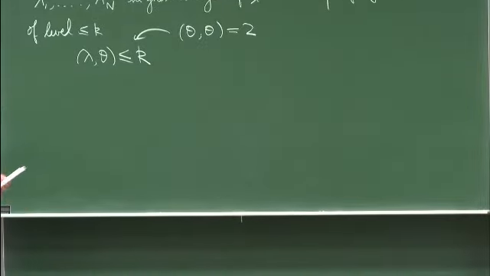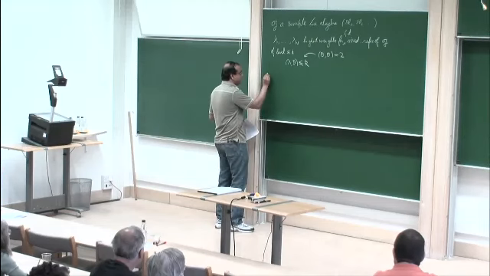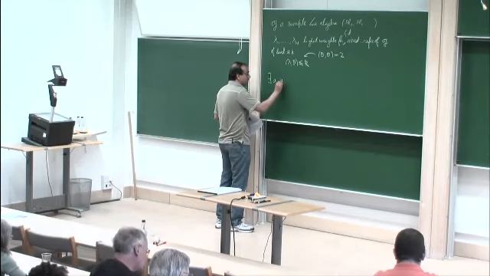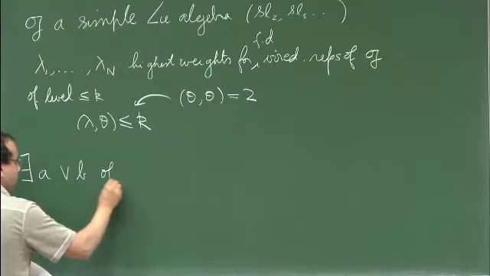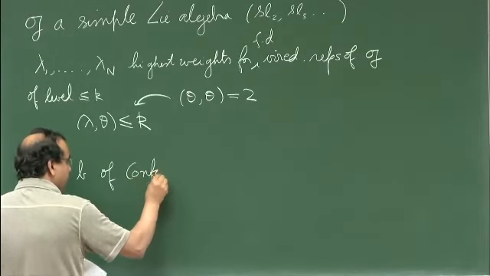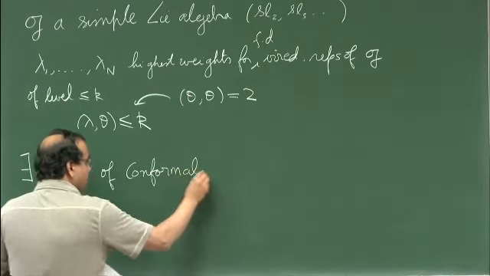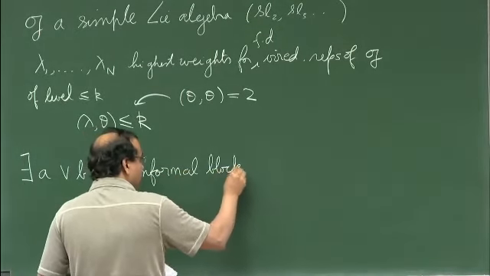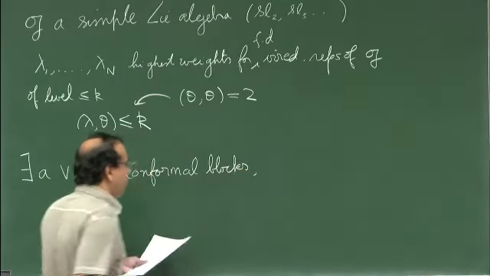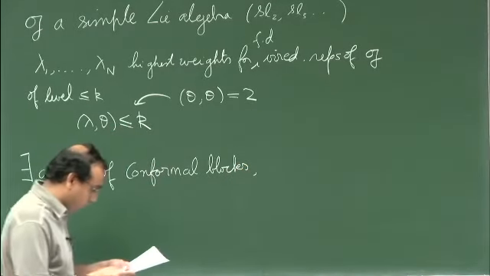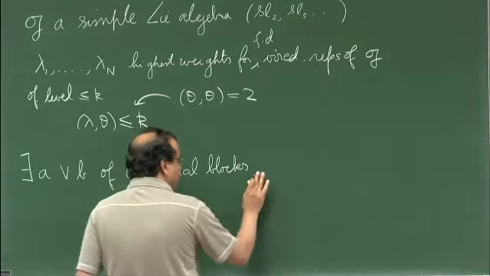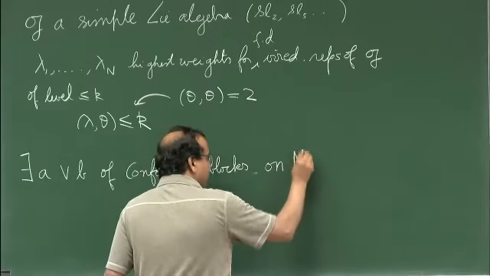Right. So associated to this data, there exists a vector bundle of conformal blocks, or generalized theta functions, or non-abelian theta functions and so on, on M_{g,n}, the moduli space of genus g curves.